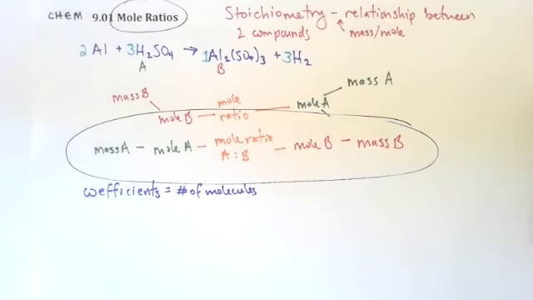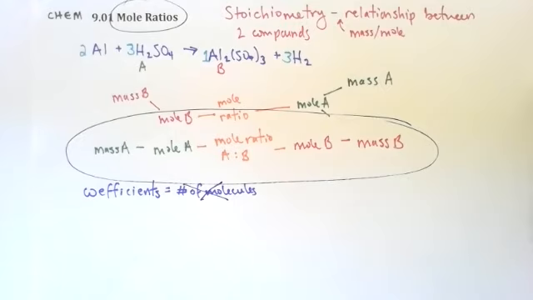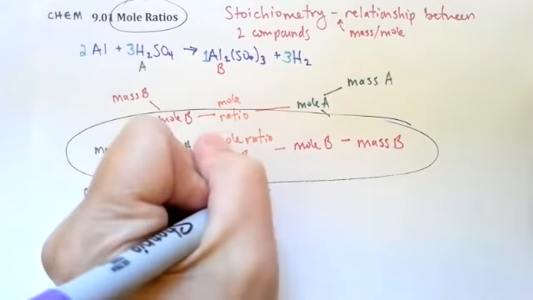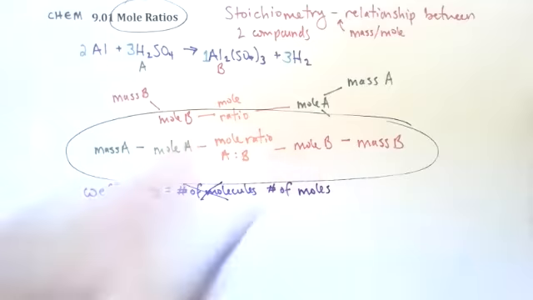And so what we want to say now is that the better way to talk about these coefficients is the number of moles. Well, what do I mean by that?